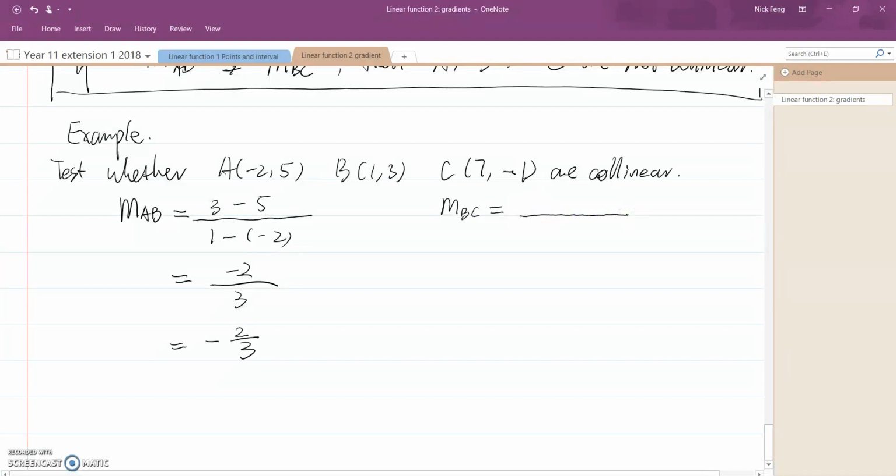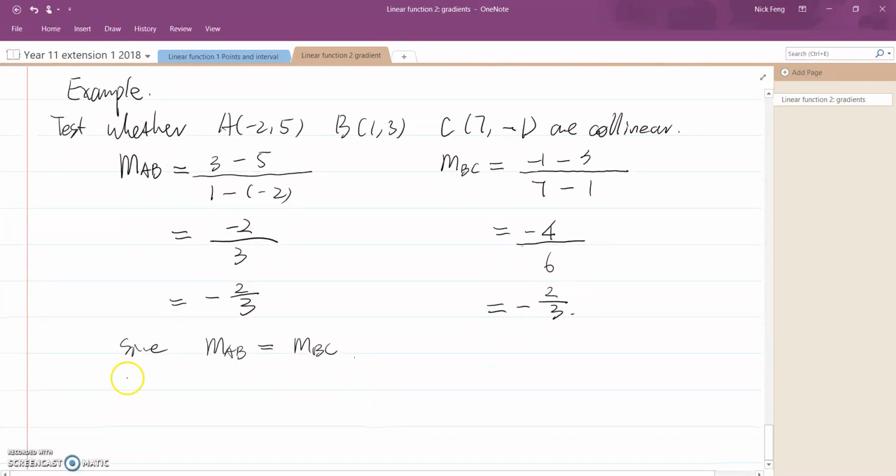Gradient of BC is y2 minus y1 over x2 minus x1, that is -4 over 6, therefore -2 on 3. And in this case, since the gradient of AB equals the gradient of BC, therefore the points are collinear.